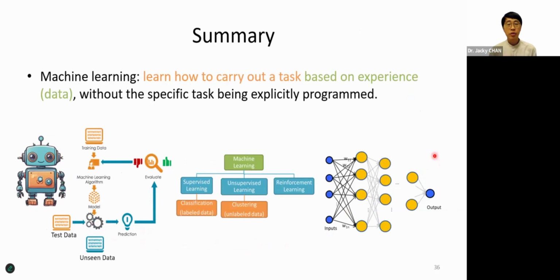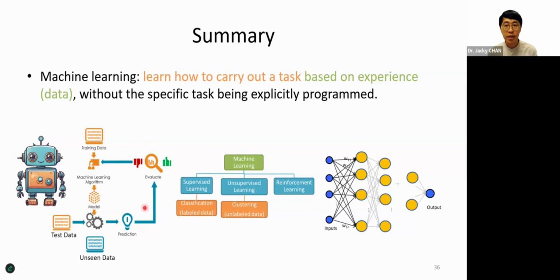In summary, machine learning learns from data to perform tasks without needing explicitly programmed instructions. We have covered some key steps of machine learning, shown in this image.